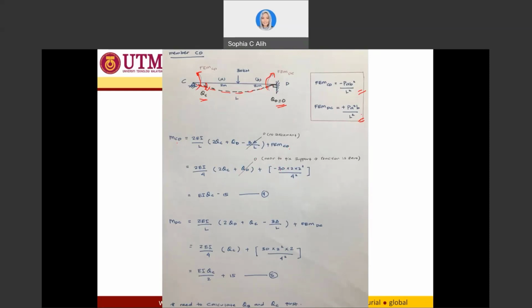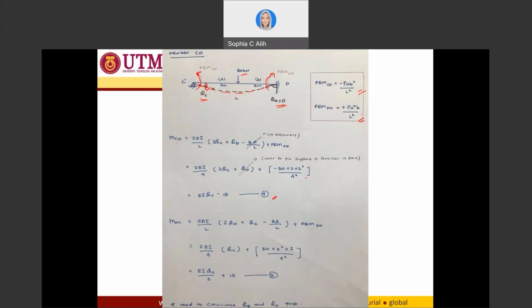This is why I got it to be negative. Okay, so the negative in here, 30 is the point load. This one A, B, L. So I just put in all the values over here, and if I solve it, I will have EI theta C minus 15.